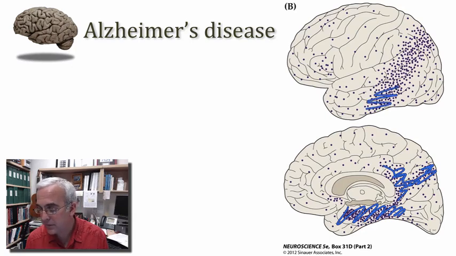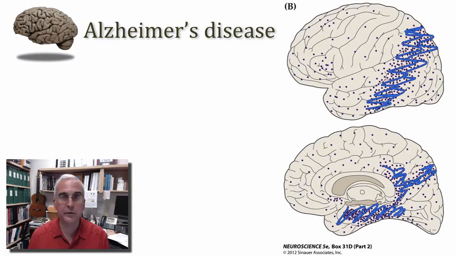So on the lateral surface, there seems to be a broad region of the parietal temporal associational network that has severe affliction with the development and progression of Alzheimer's disease.